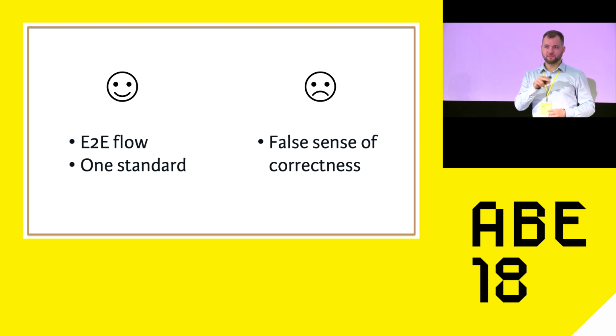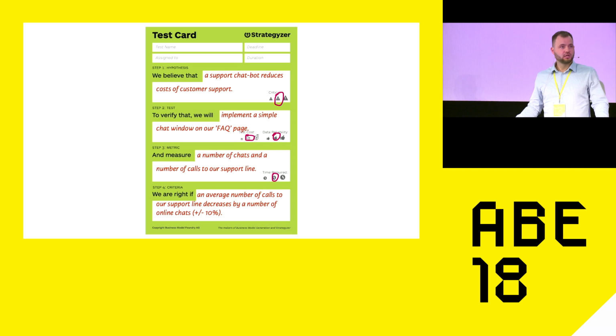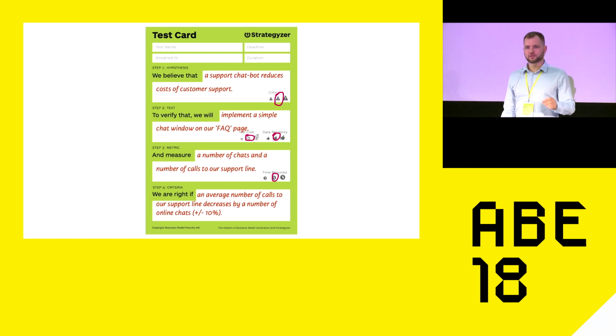We think that we filled in this form, and that's it, we're right, while we might be really, really wrong because, as usual, all the details do matter. But there are at least two common situations that I experience working with my customers, and I find the problem simply using the test card.